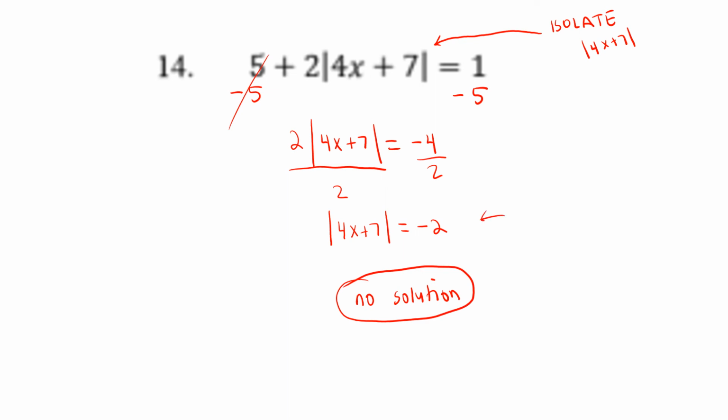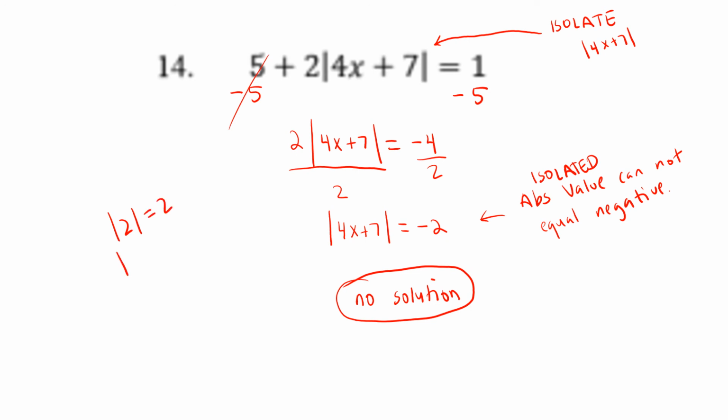Again, I'm going to say absolute value cannot equal a negative. That is after you have isolated it, though. You need to have isolated it. Absolute values cannot equal a negative, right? Reason being, you can never take an absolute value of a number and get a negative number.